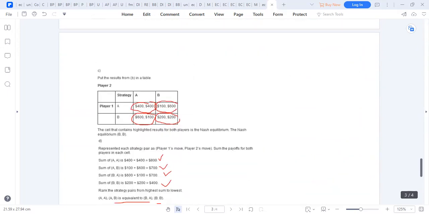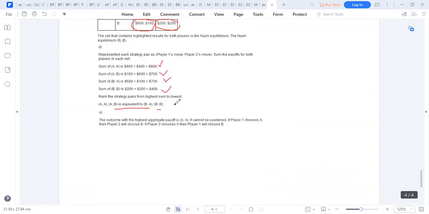And if not, why? So the outcome with the highest is AA. It cannot be sustained if player 1 chooses A and player 2 chooses B, or if player 2 chooses A and player 1 chooses B. It can not be sustained if the players choose different strategies, in short.